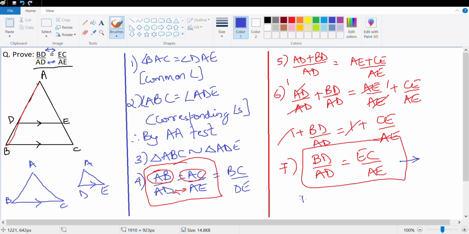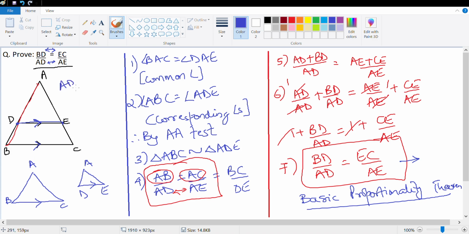Now that we've solved this question, let me tell you what this property is called. This property is called the basic proportionality theorem. Now, what does the basic proportionality theorem state, or what does it mean? It says in a triangle, if you have a line which is joining points on any two sides of a triangle, and if this line is parallel to the third side, then it divides the two sides in the same proportion, which means AD upon BD is equal to AE upon CE.